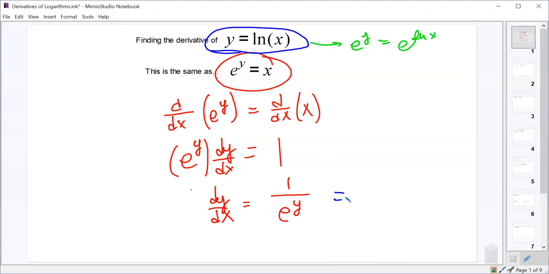We could do that, but we also know right off the bat that e to the y is equal to x, so we could just replace the whole e to the y with just an x. If we replaced the y with ln x, we'd have e to the ln x, and that would just become an x also. Everybody see that?